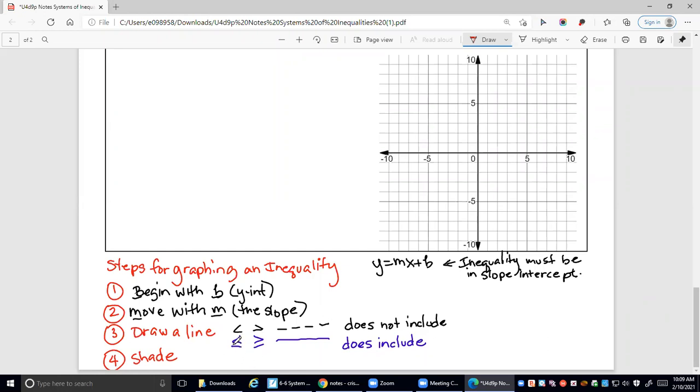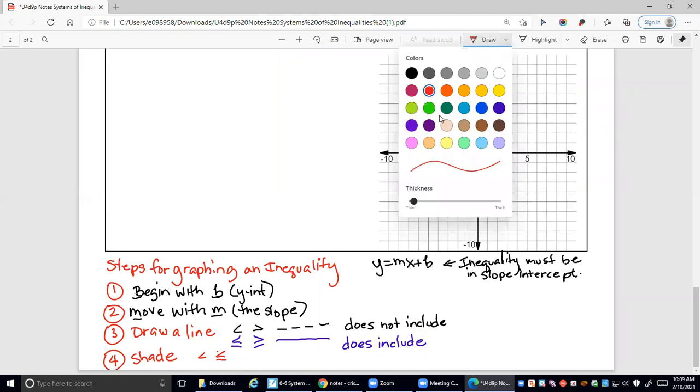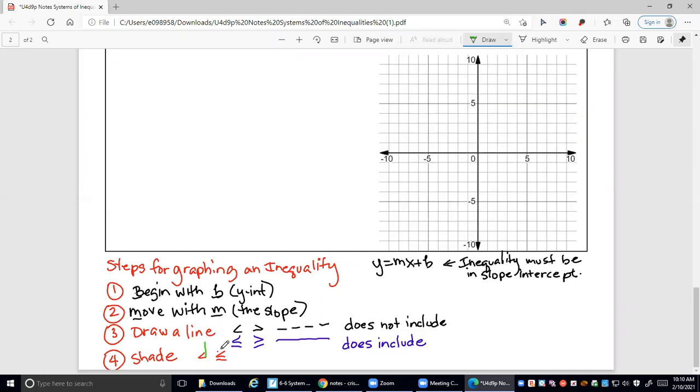Provided that it's in slope-intercept form, if I have something like this, less than or equal to, notice greater than or greater than or equal to is above. This is just a little technique, but see how you can make a D out of it? So that means you're going to shade down.